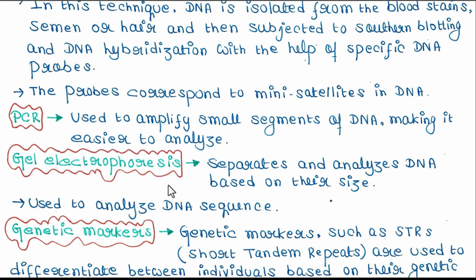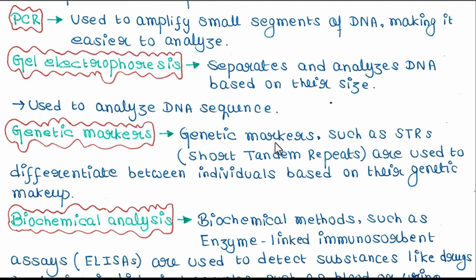Next is gel electrophoresis. Gel electrophoresis separates and analyzes DNA based on their size, and it is used to analyze the DNA sequence. So this is very important to sequence the DNA that we have collected from the crime scene. For that, the gel electrophoresis is important.